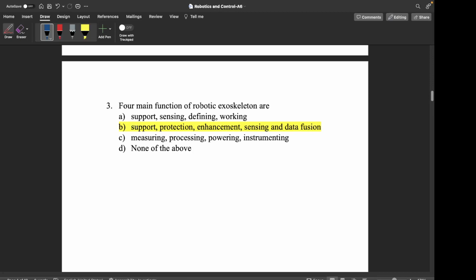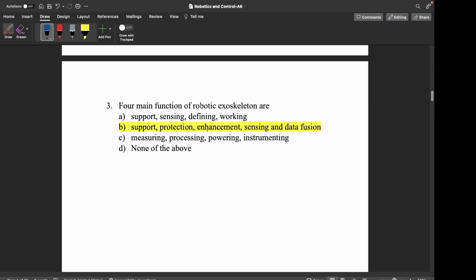So again, this is a direct question from the lectures. All these 4 points have been discussed in the lectures, that the robotic exoskeleton provides support, protection, enhancement, sensing, and data fusion. So support we have seen, right? Protection also, and enhancement. First 3 points we have just discussed.